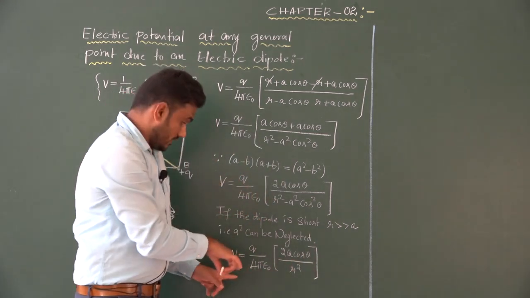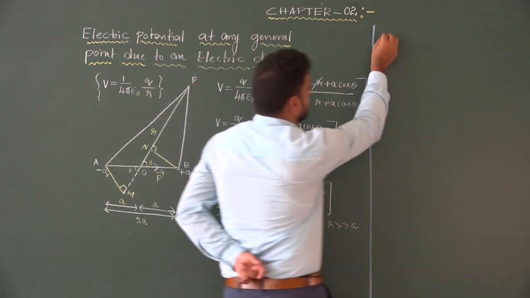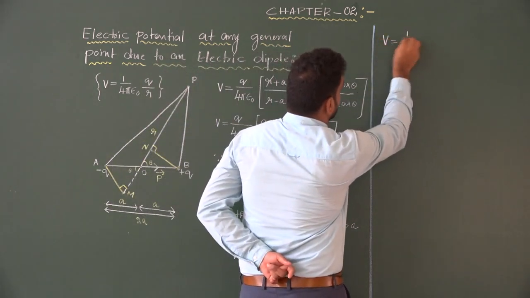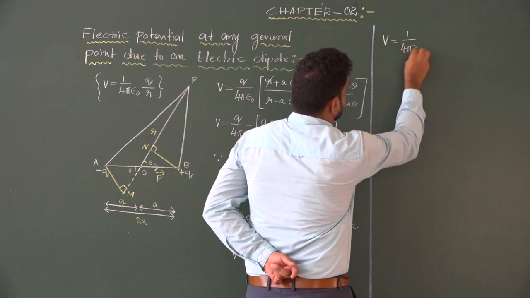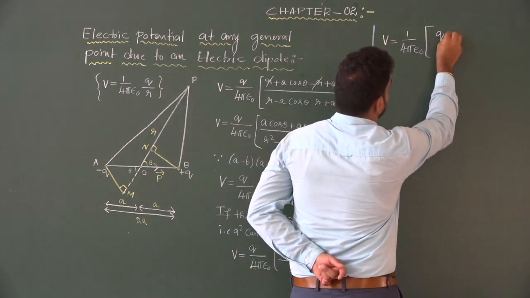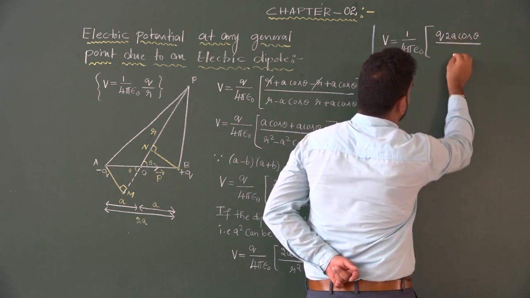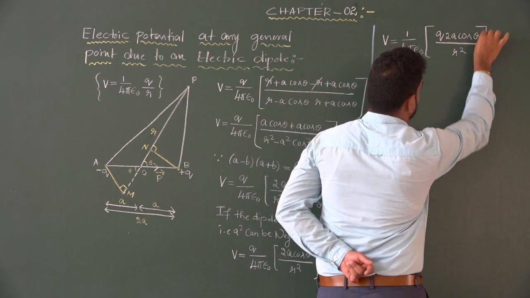Now what I am doing, the Q is taken to this side. So the equation becomes V is equal to 1 over 4 pi epsilon naught, Q 2a cos theta divided by r square.